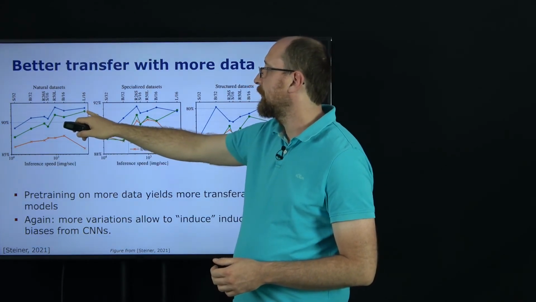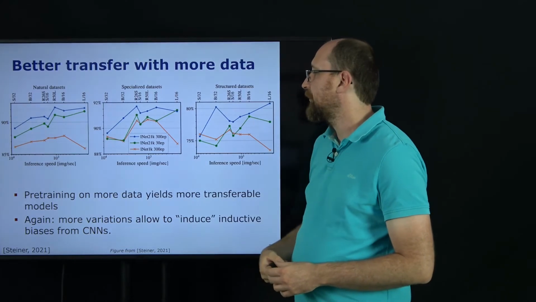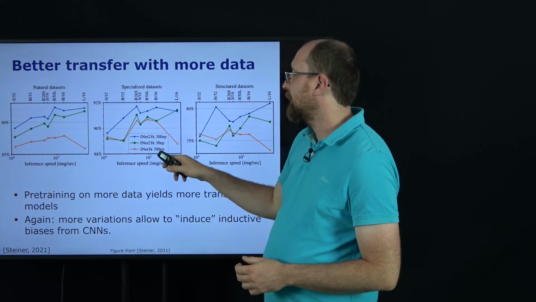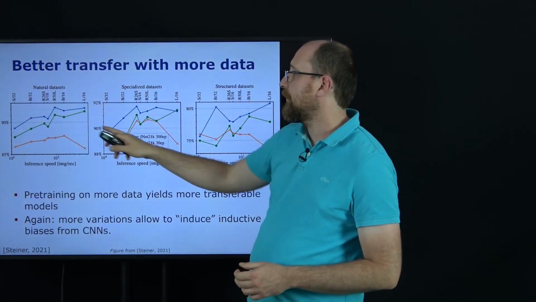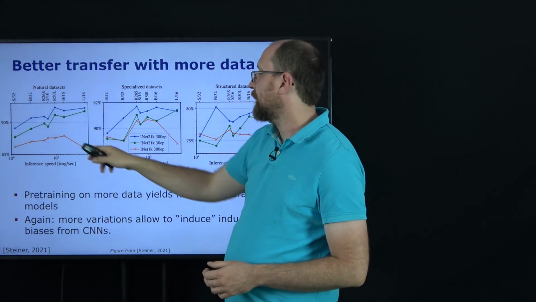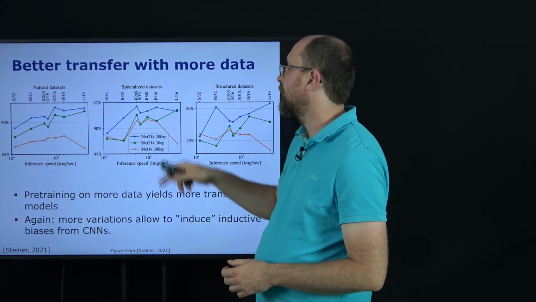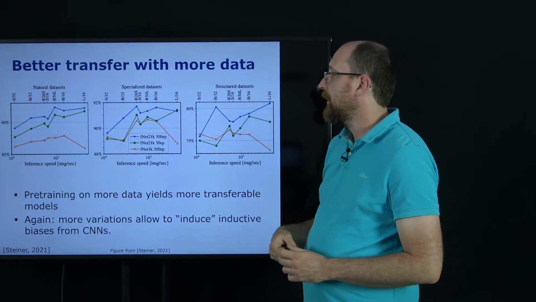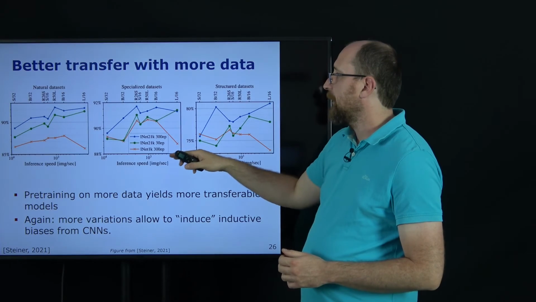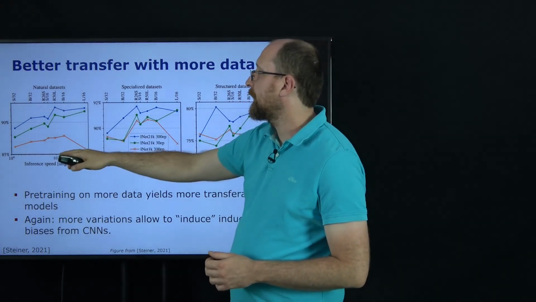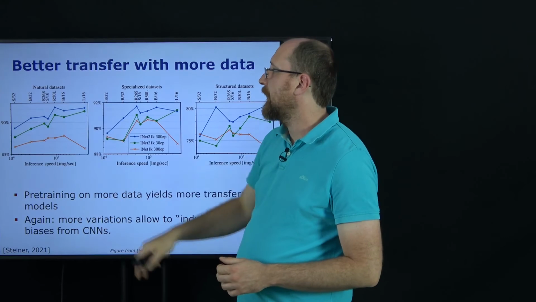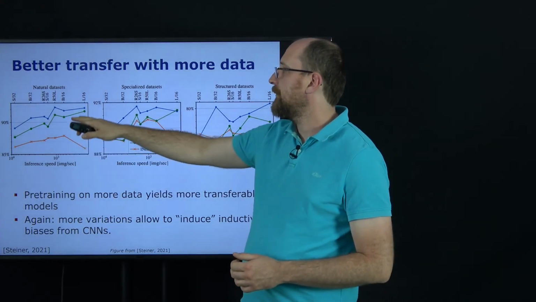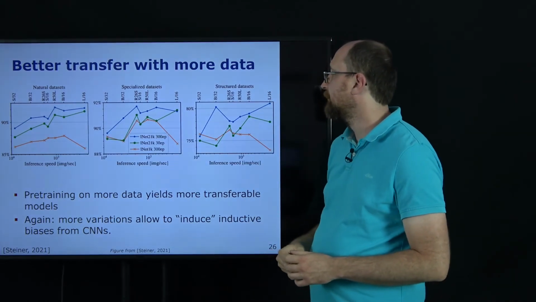Then in green you see the much larger ImageNet 21K data set, pre-trained with 30 epochs, and the blue curve is pre-trained with a much longer training scheme of 300 epochs. But as you can see, especially on these natural data sets, there's a large gap between the very small pre-training regime and the large pre-training regime.